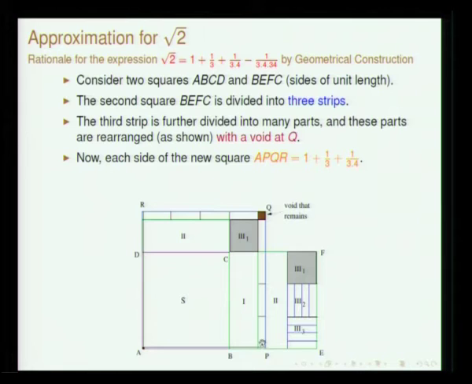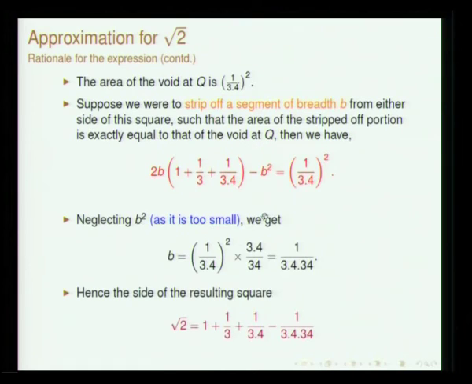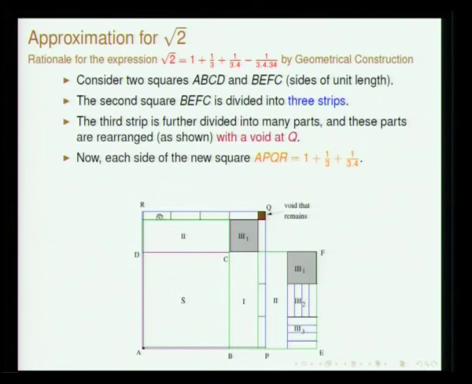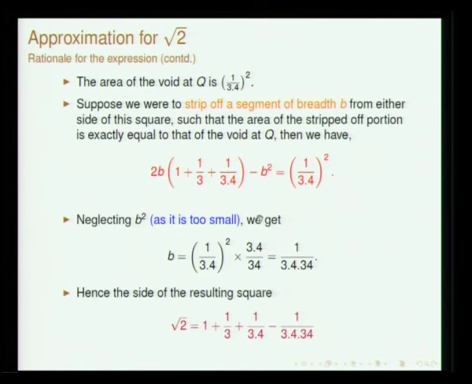This portion is 1/3 into 4, because 1/3 of it is divided into 4, and that is going to be this distance. So the area of this void is 1/3 into 4 square. I remove a small strip from this, so that this small strip corresponds to this area. This is how I pose the problem.